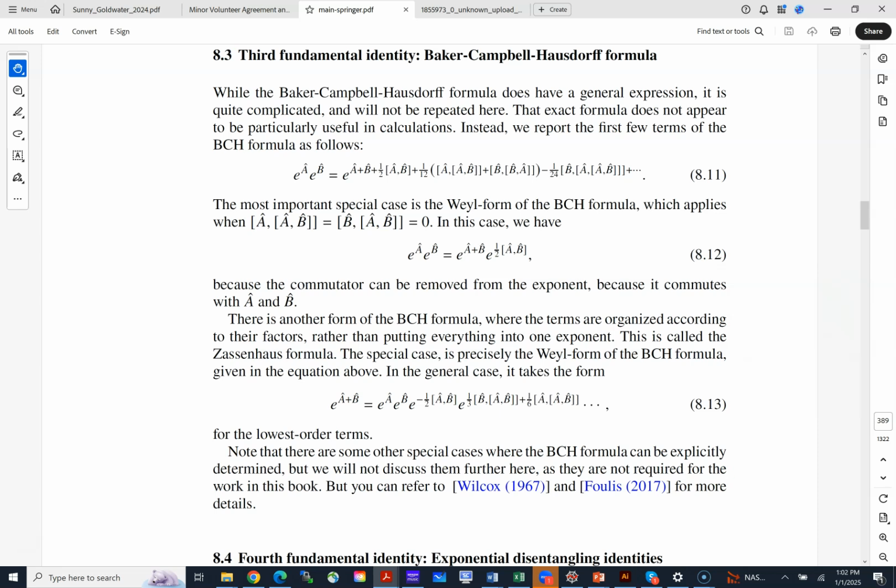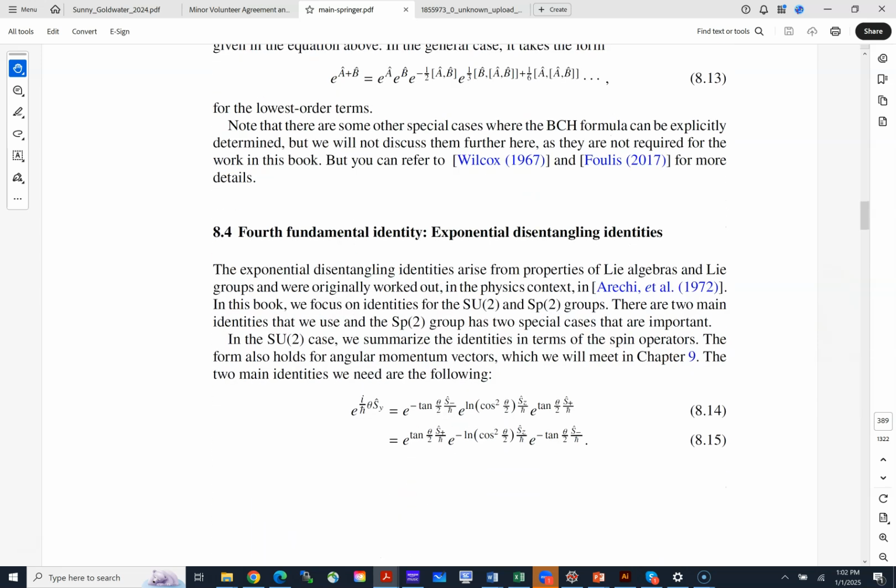But there are situations where you might get that truncation at the second or third order as well. And it has a couple of different forms. There's the traditional Baker-Campbell-Hausdorff formula, where you write it as an exponential of a sum of all of the different terms. And then there's a Zassenhaus form, where you write it as an exponential of a product of different terms. And we talk about both of those forms in this chapter.